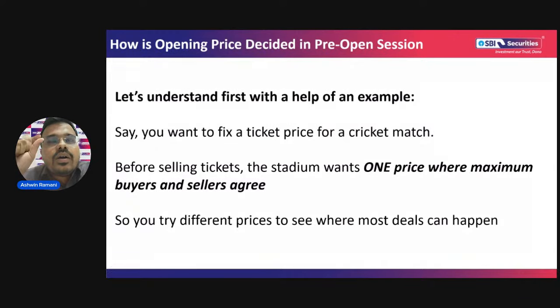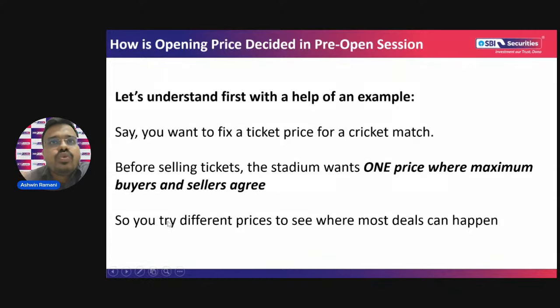So the whole point of determining an opening price is a price where maximum buyers agree to buy at that price, sellers agree to sell at that price. जो भी particular price है जहाँ पे maximum buyers and sellers agree, that is the opening price that is decided.